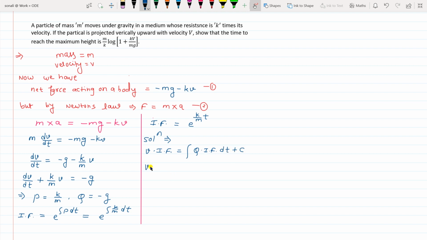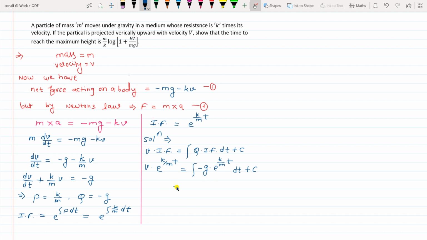Now putting in your values, v into integrating factor e to the power k upon m into t is equal to integration of q. We have to replace q here. Q is what? Minus g. Here it is the value for q into integrating factor e to the power k by m into t dt plus c.